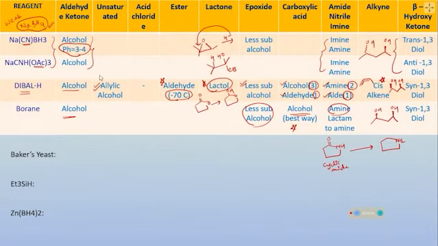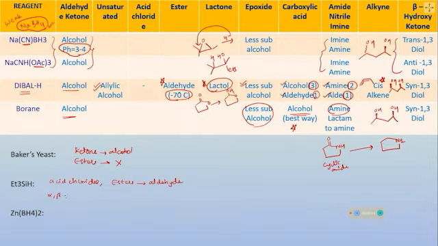Let's see some other reducing agents. Baker's yeast. Baker's yeast reduces ketone to alcohol. Esters are not reduced by Baker's yeast. And triethylsilyl hydride. It reduces acid chlorides and esters to aldehyde.